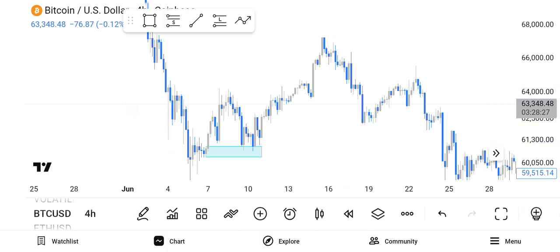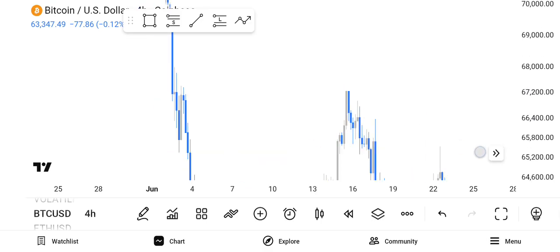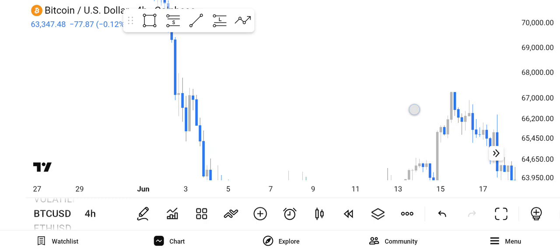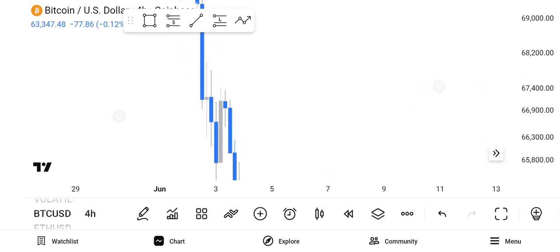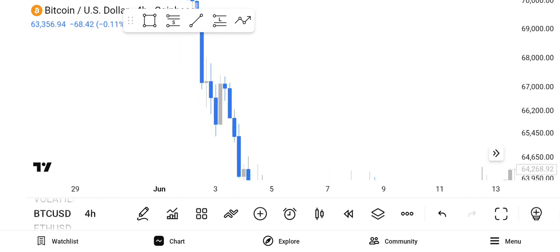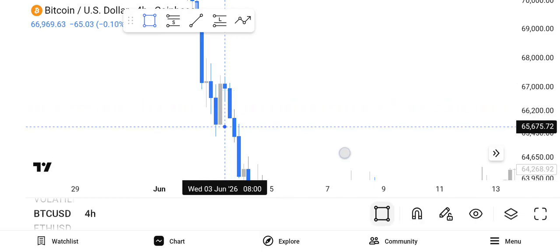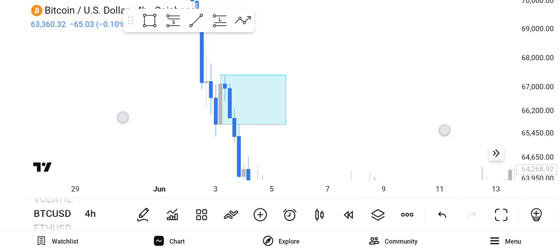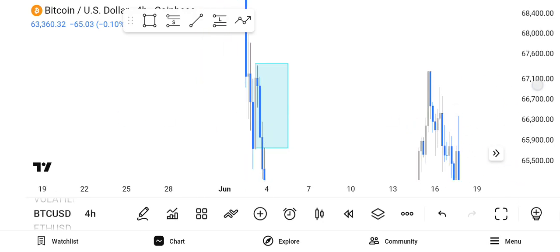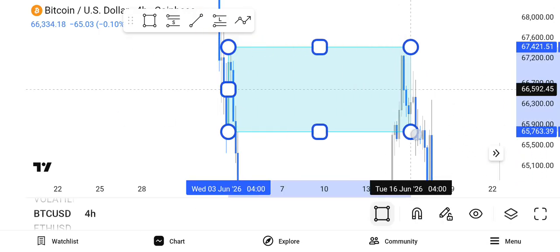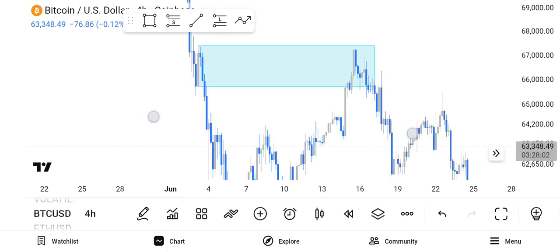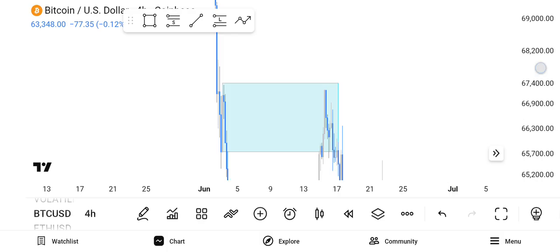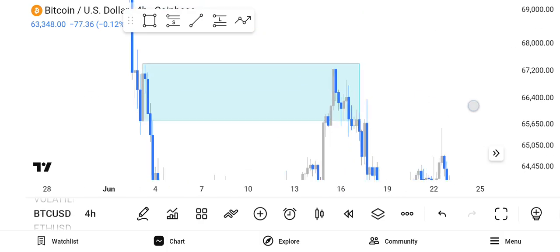When we talk about supply zones, they are literally the last indecision candle before an impulsive move to the downside. A lot of people are going to mark their supply zone from here. That makes sense, that's the traditional idea behind supply zones and other blocks. But this is the disadvantage of it. You can see how large this space is.